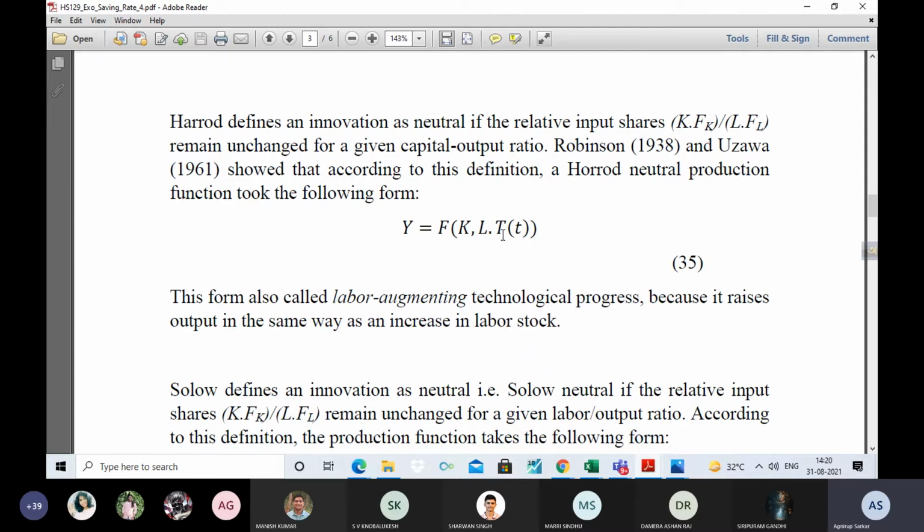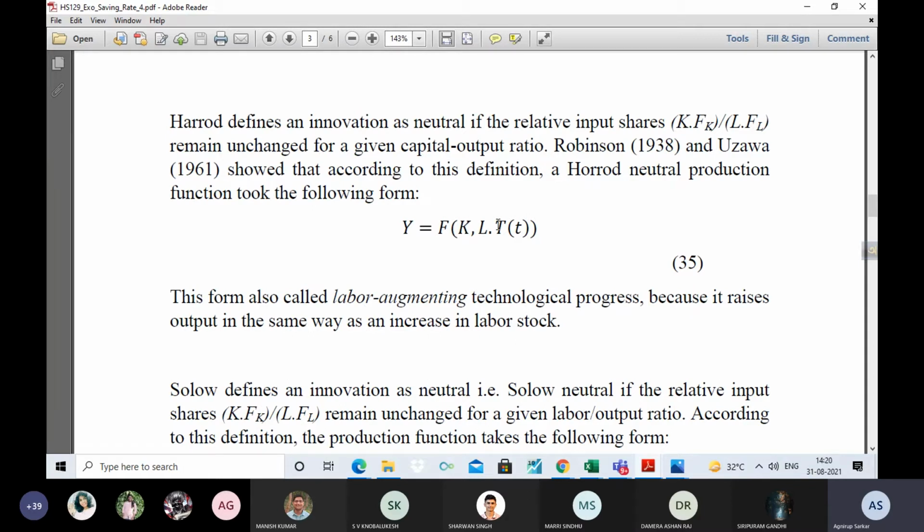So this form is called labor augmenting technological progress, because if there's an improvement in technology, meaning a growth in the technology index T(t), then that technological progress itself is going to raise output in the same way as an increase in the stock of labor would increase output, right?